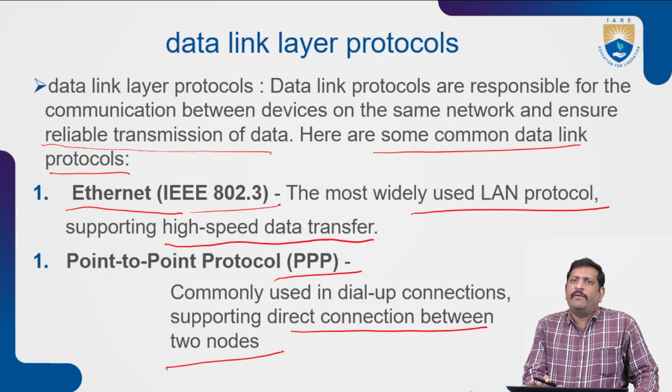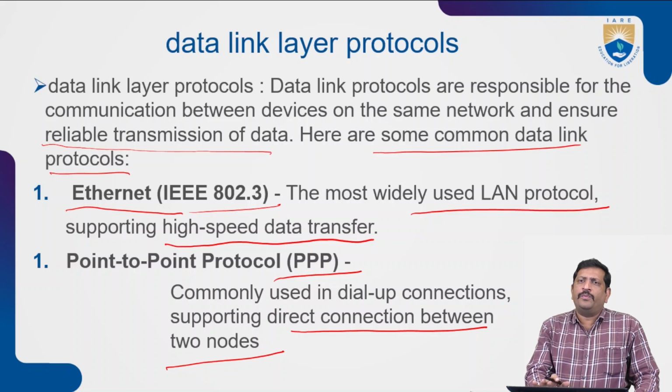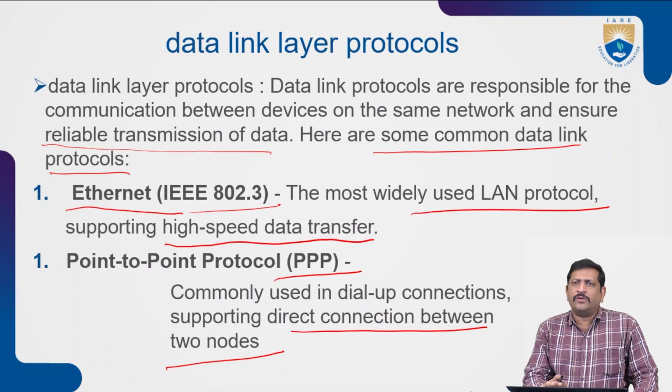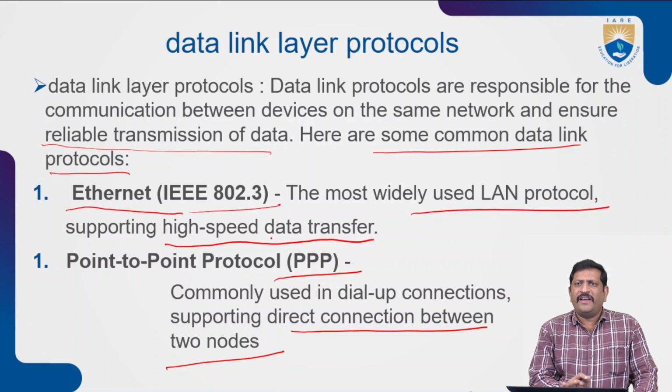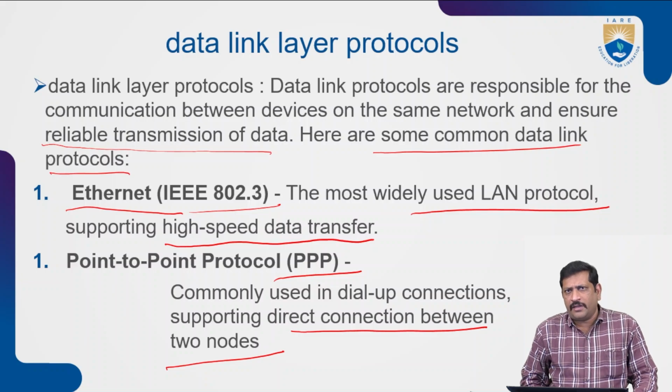Whenever we connect two PCs, two switches or two routers, each PC is considered as one node. Whenever two PCs are directly connected, we can use the point to point protocol to transfer the data.